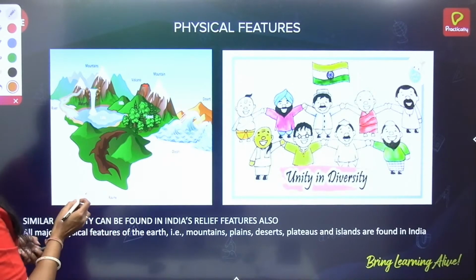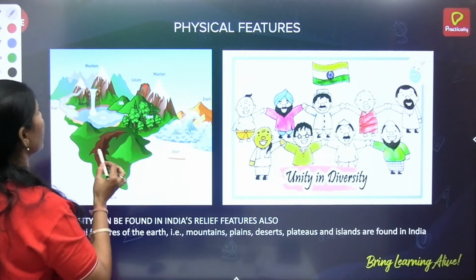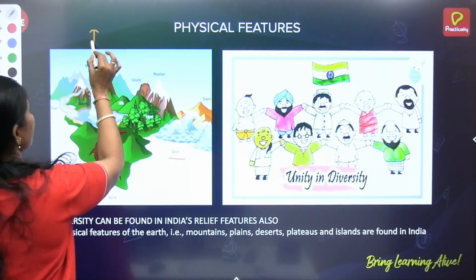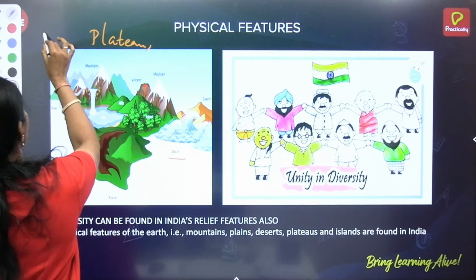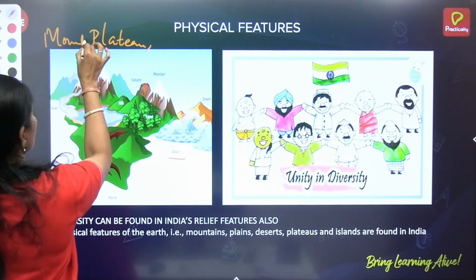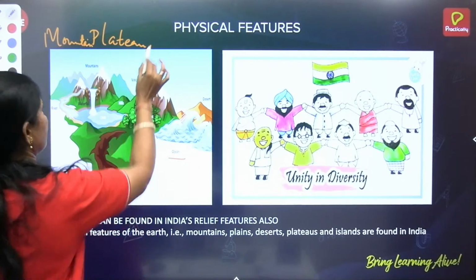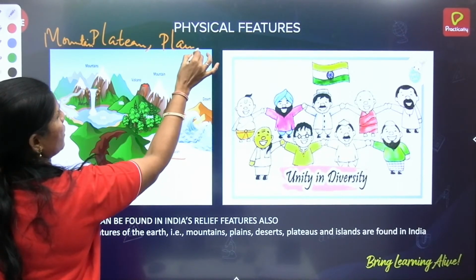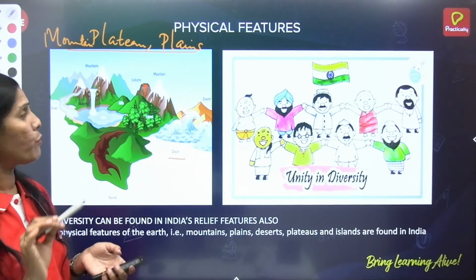Let us have it in detail. The land features are mainly divided into plateaus, mountains and plains. So these were the first major order of landforms.